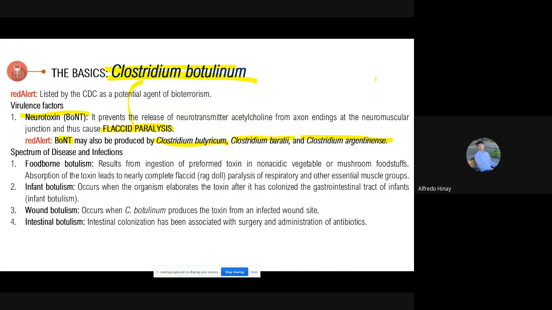Take note of food-borne botulism, because the most associated here is honey. Let me write that. So food-borne botulism, this is associated with honey. And then infant botulism, and then wound botulism, and also intestinal botulism.